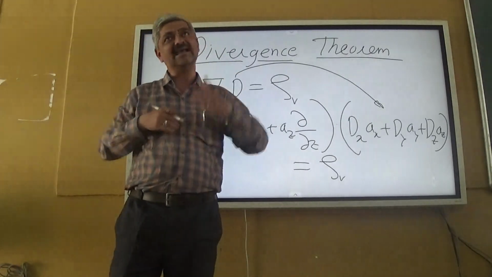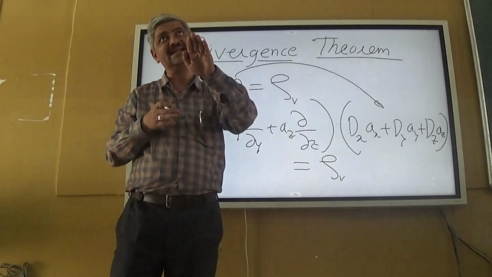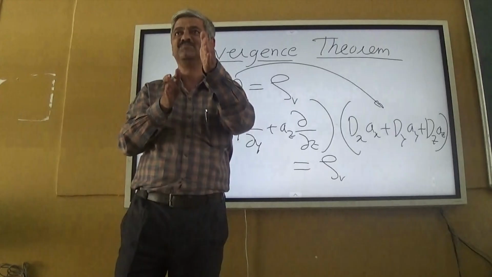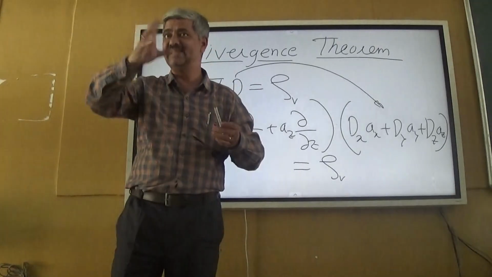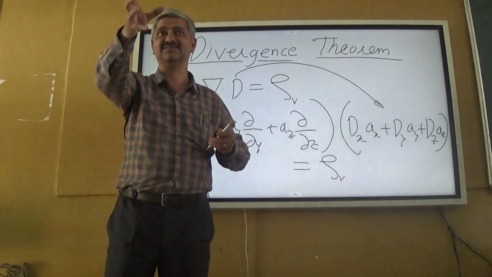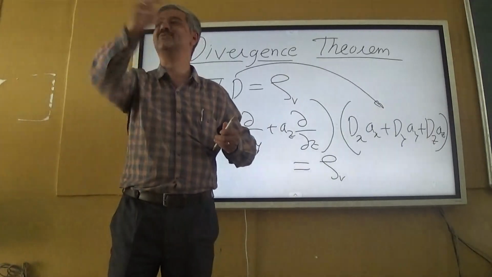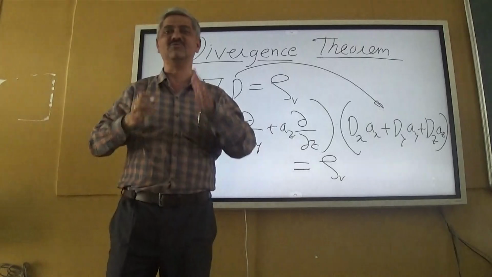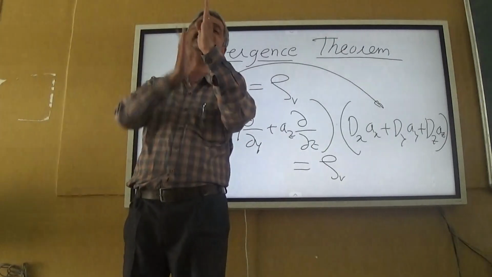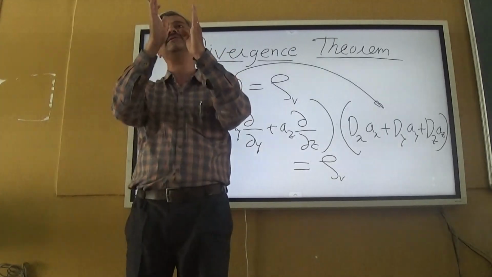So I say that D on the right hand surface is equal to D on the left hand surface plus something. By saying plus something, I am just rewriting the question and not giving the answer. So when I say D on the right hand surface is D on the left hand surface plus something, then D on the right hand surface minus D on the left hand surface is something.